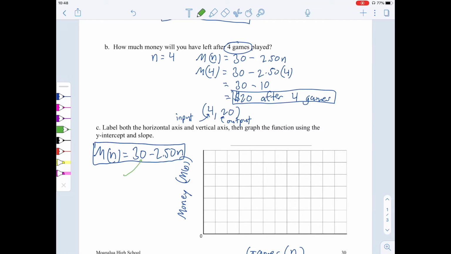We started with $30, that's our initial value, so that's our y-intercept. And our rate of change, we're spending $2.50 per game. So that is our slope, which is our rate of change.